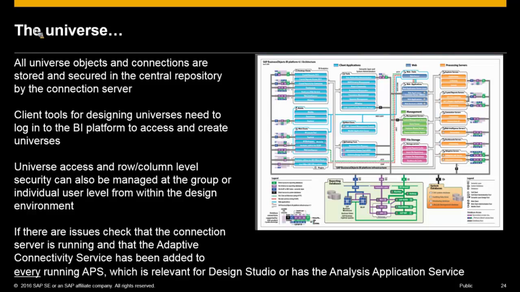So the client tools for designing universes need to log into the BI platform to access and create universes. So I have a little bit more information on how this works just at the bottom of this slide. I'll be going into this in a little more detail in a few minutes.